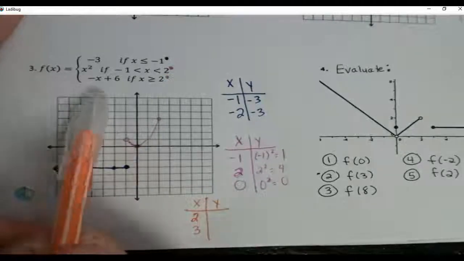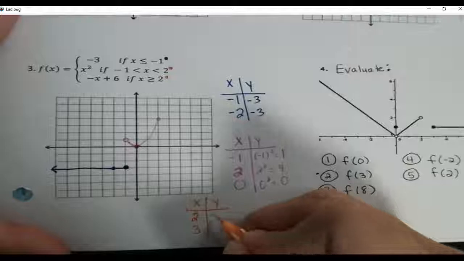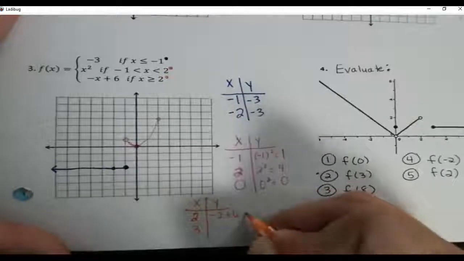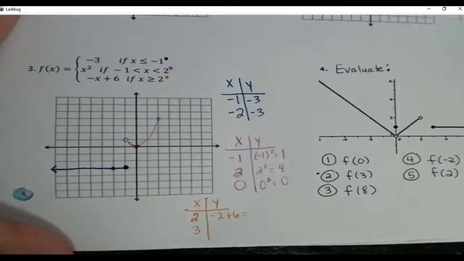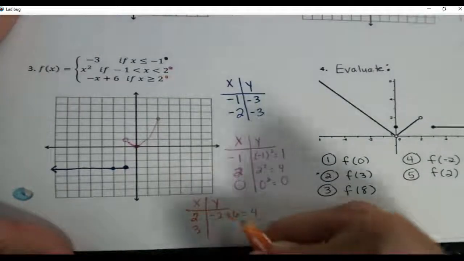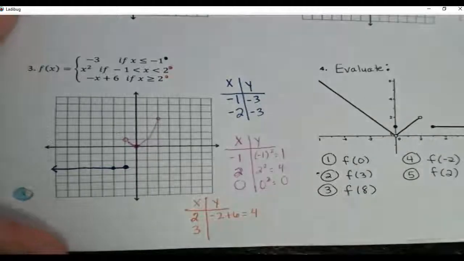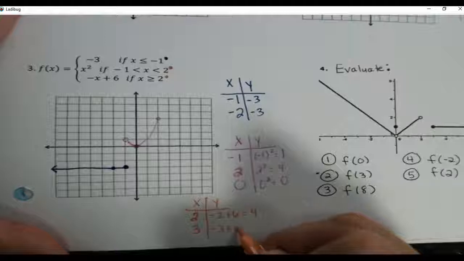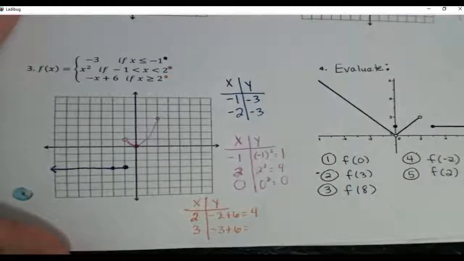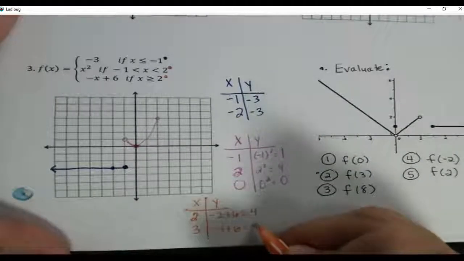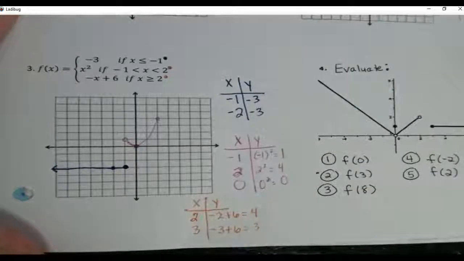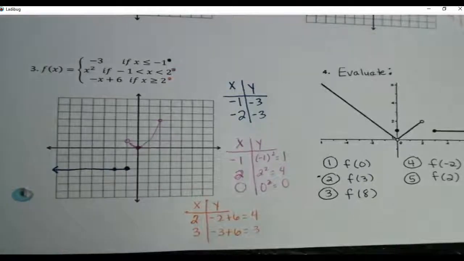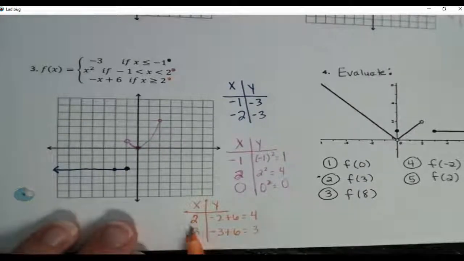So this one we do have an x to plug into, so we just plug it in. So -2 plus 6 gives us 4. Oh, sorry, not -2. What am I doing? Oh, yeah, it is -2. This is negative. And then -3 plus 6, which gives us 3. So my first point is at 2, 4.